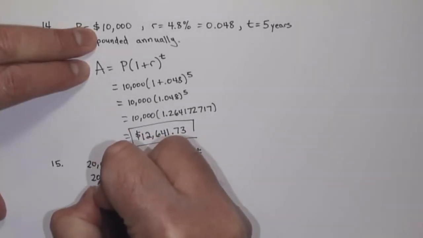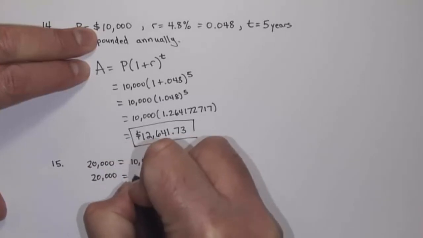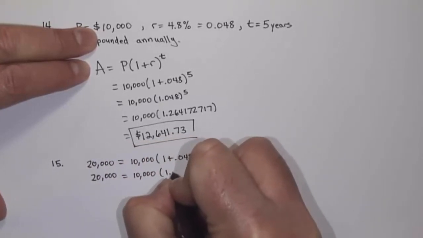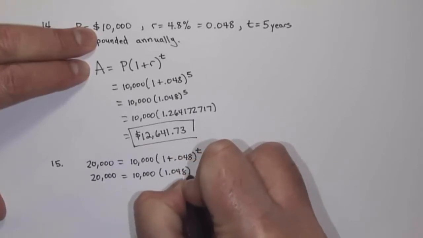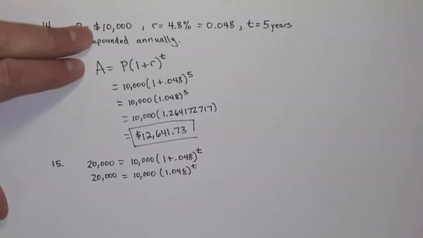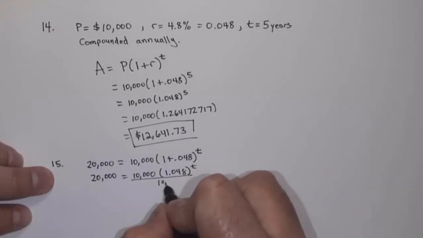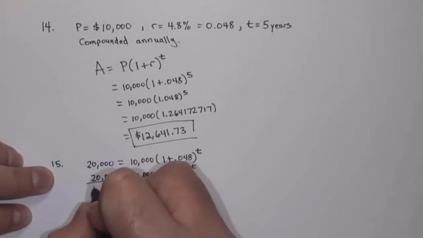So I have the equation 20,000 equals 10,000 times 1.048 raised to the t power. And I need to solve for t. To solve for t, I'm going to start by dividing both sides by 10,000.